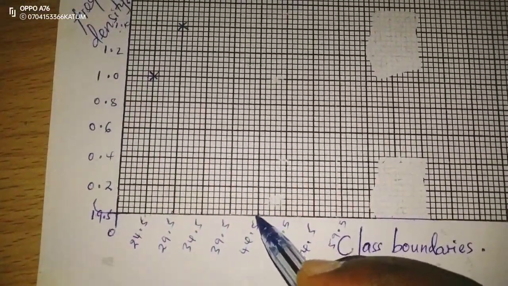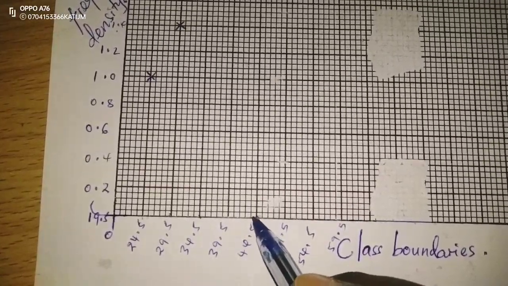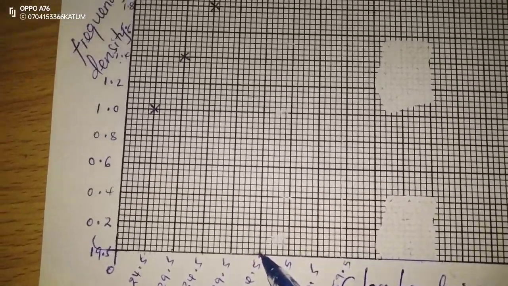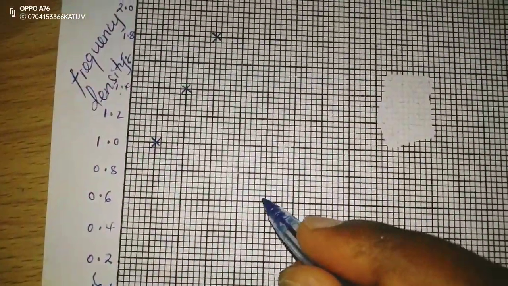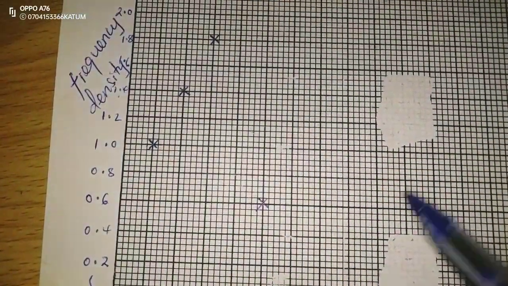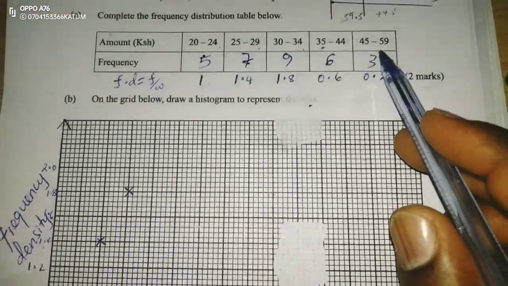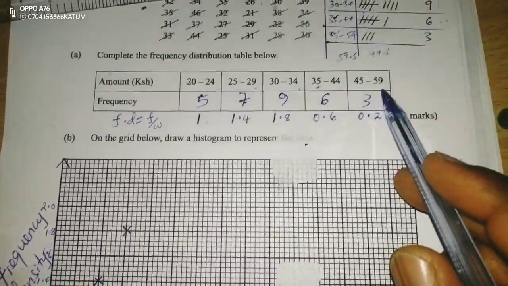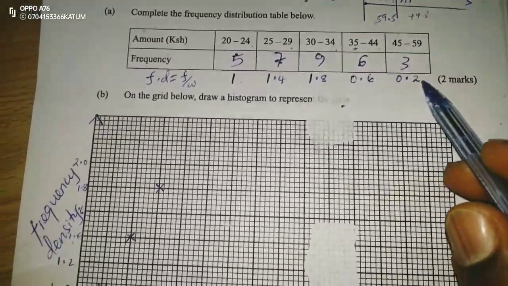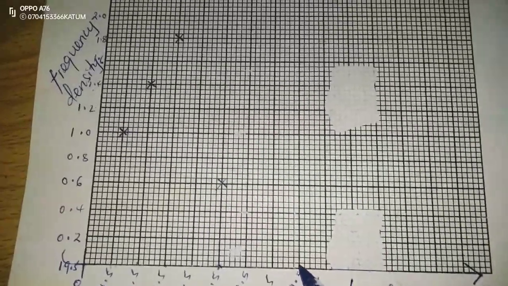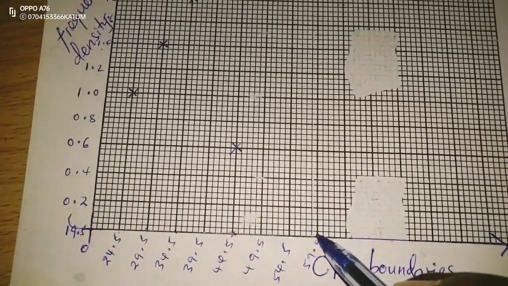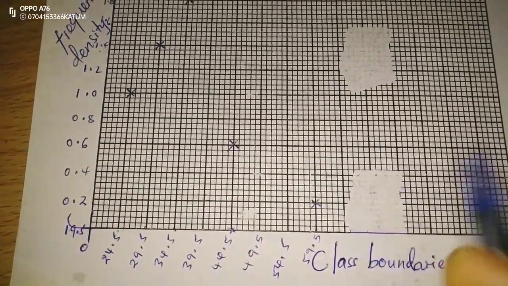This is the class from 34.5 to 44.5, and the class is having a height of 0.6. 0.6 is here. Finally, we have up to 59.5 with a 0.2. So up to here with a 0.2 as the height, this one.